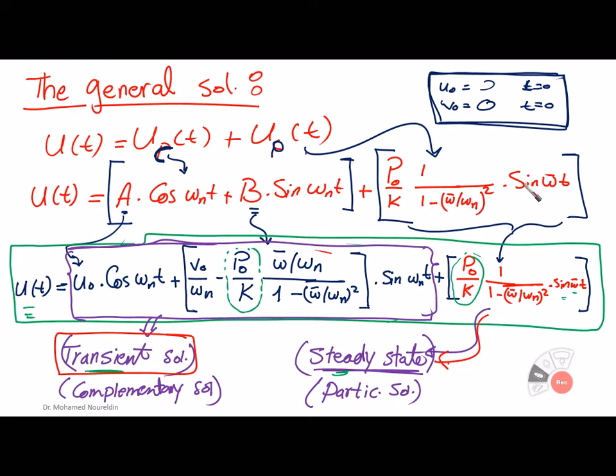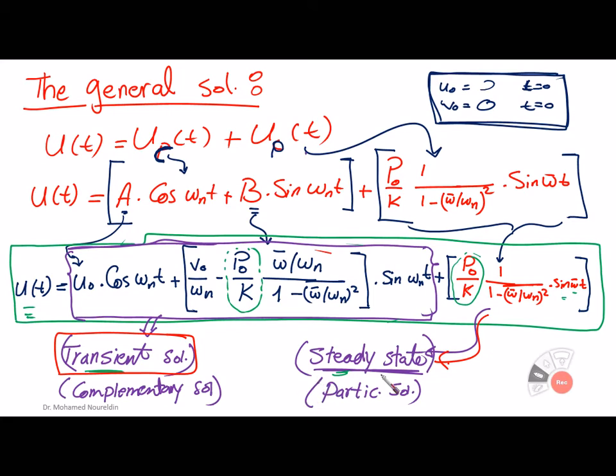We found that it is heavily dependent on the forcing frequency of the force being applied to the system, and at the same time on P node, which is the amplitude of the force, and on the structural stiffness and natural frequency. We put this as the general solution, and it is a little bit long, I know, but if you understand each part of it, you are going to get familiar with what we are going to explain.